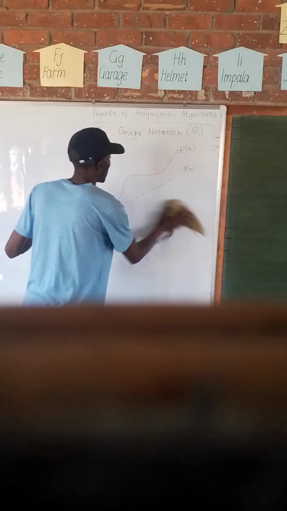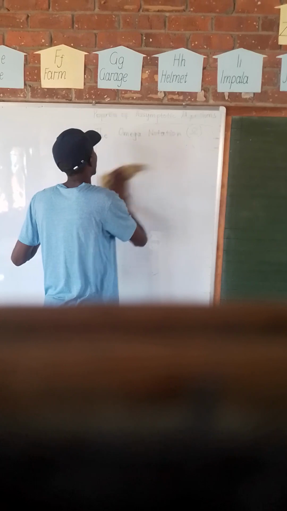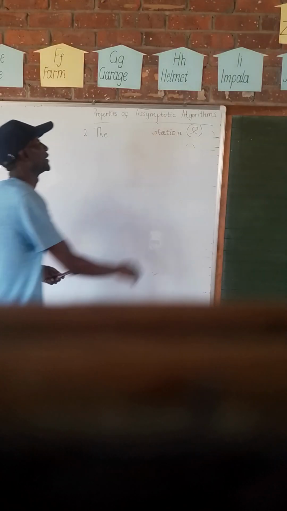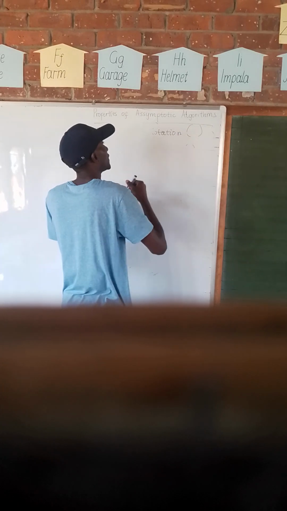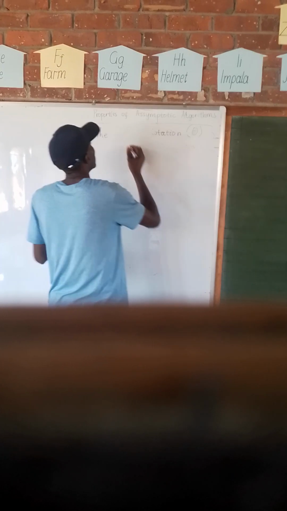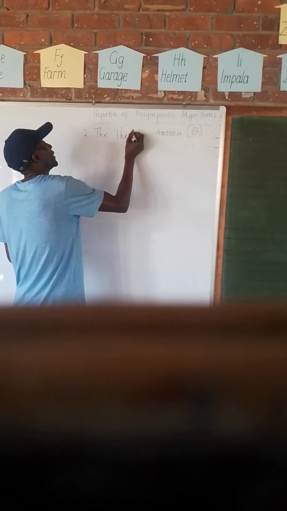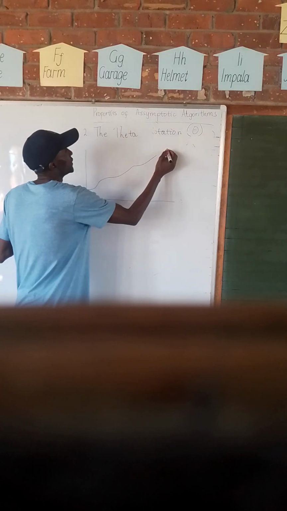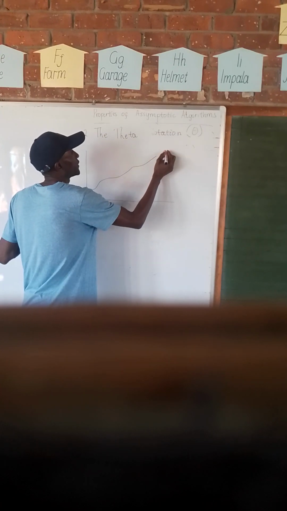Then the third notation becomes the theta notation. The theta notation is denoted by this symbol. Then graphically it can be represented as follows. This becomes the function.